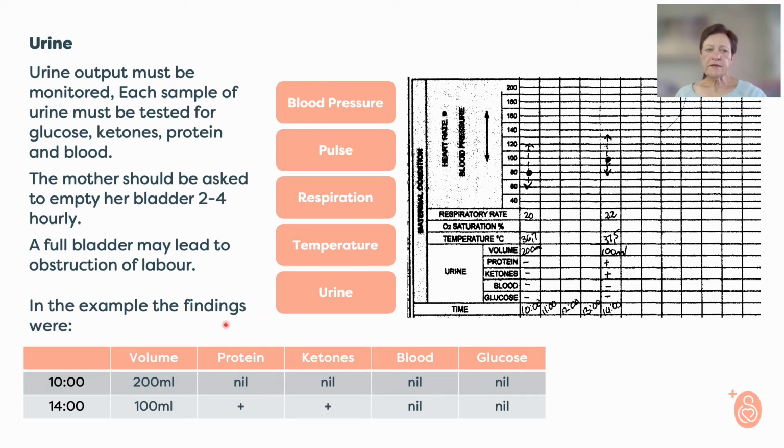Now the urine, there are two very important aspects about urine and the recording of the urine on the partograph. And the one is every single sample must be tested for glucose, ketones, protein and blood, because that is very important for us to determine the maternal condition. Glucose specifically in the case of a diabetic patient.